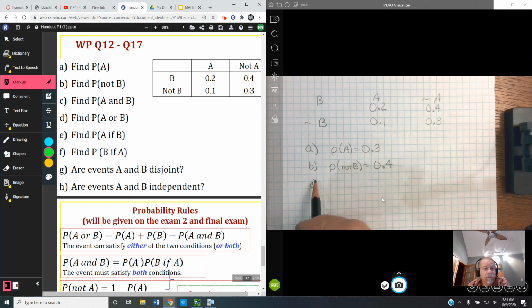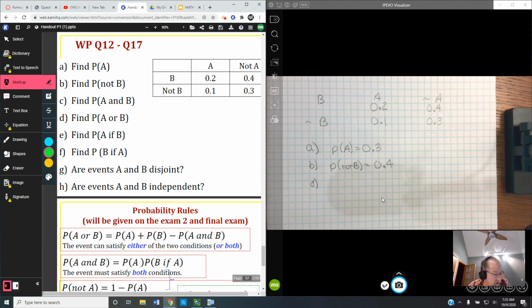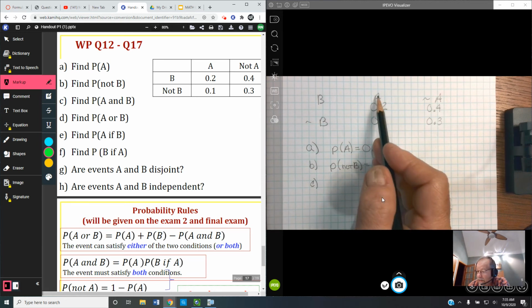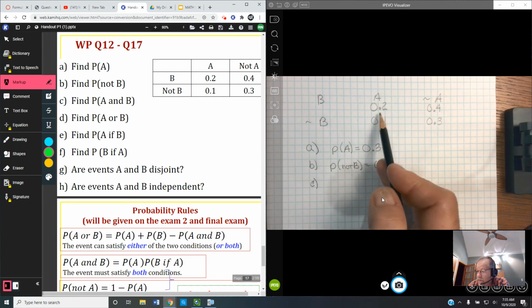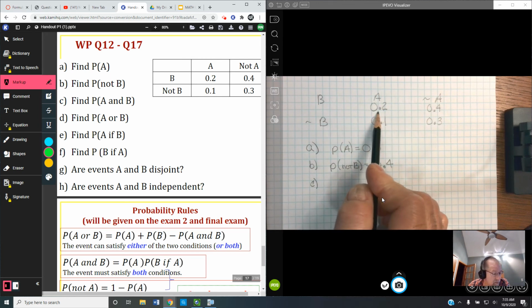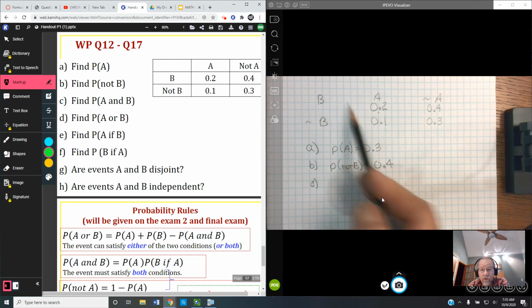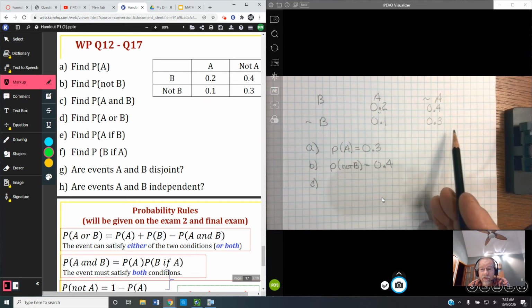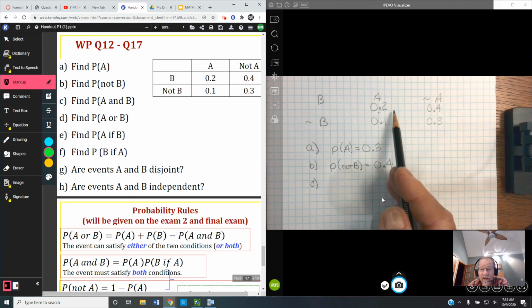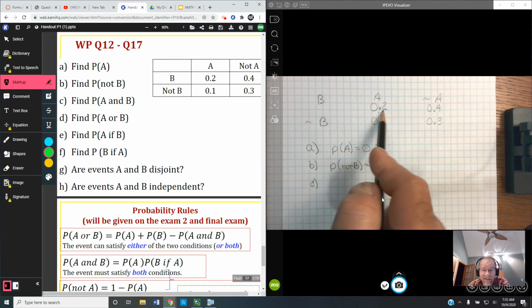C. C wants us to find A and B. Okay, well, let's find A and B from the chart. So let's focus on the chart this time. I go to A. I go to B. This is A and B. These are relative frequencies in this chart. So A and B has already been calculated for me. You'll notice there's no total for me to divide by. I have to trust the value that's sitting there.